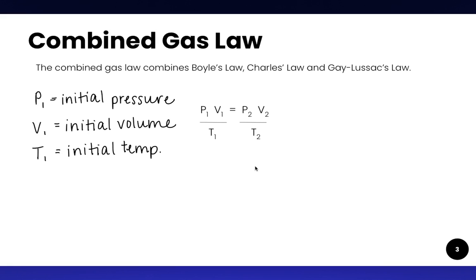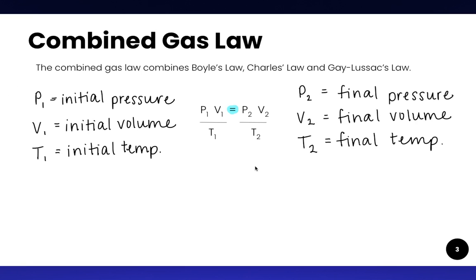After the gas goes through a change, it will have a new pressure, new volume, and new temperature, which is what is represented by P2, V2, and T2. And remember that each of these temperatures needs to be measured using the Kelvin temperature scale. And the equation to convert between Celsius and Kelvin is this one.